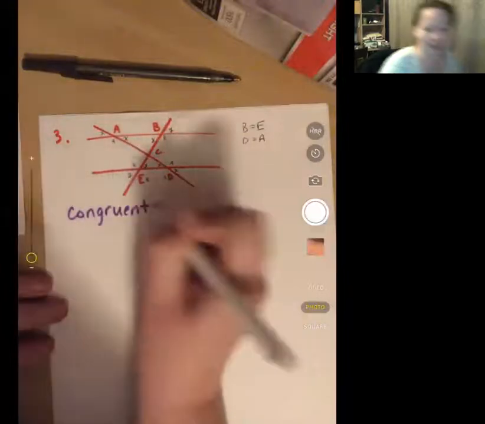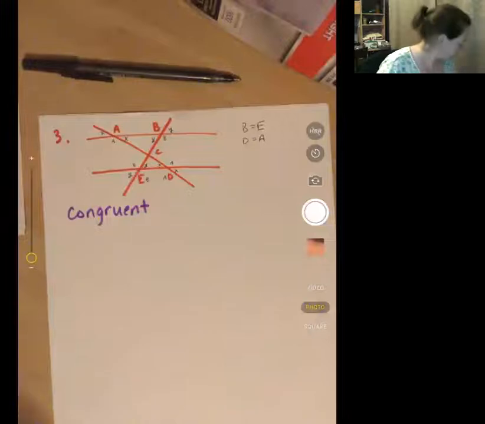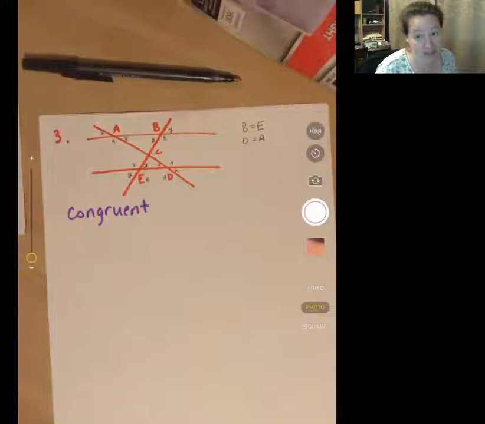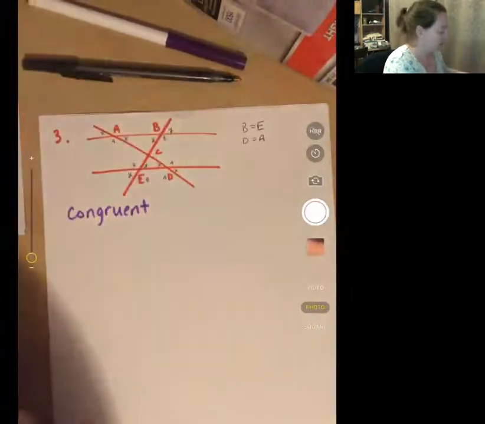Let's use our vocabulary words. They're the same. They're equal. They're congruent. Since they are... Okay, now we just did this one. Since they are... Oh, bother.